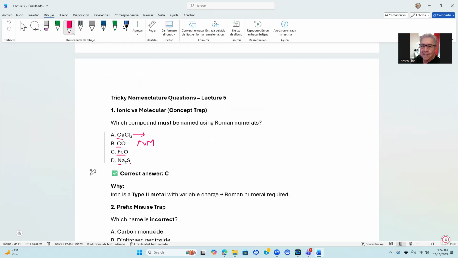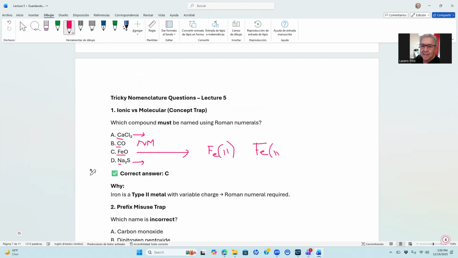What about sodium? Same situation as calcium. Sodium belongs to group 1 and has only one oxidation number, +1. But iron belongs to the transition metals, and it can work as iron 2 or iron 3.